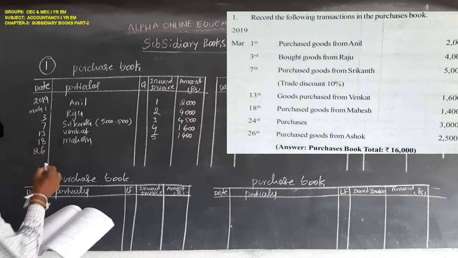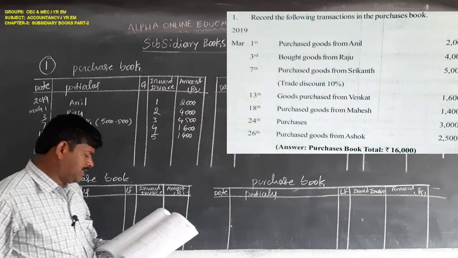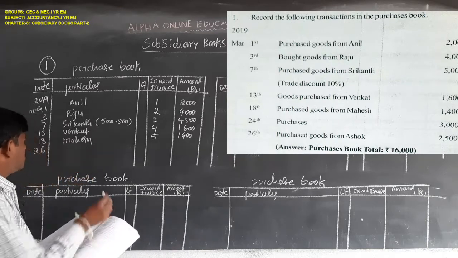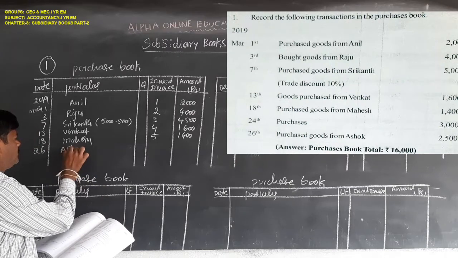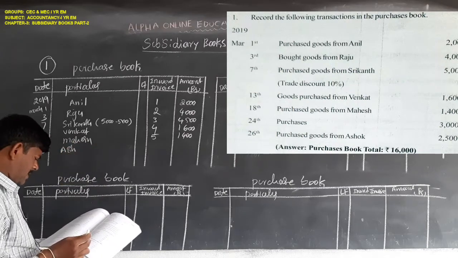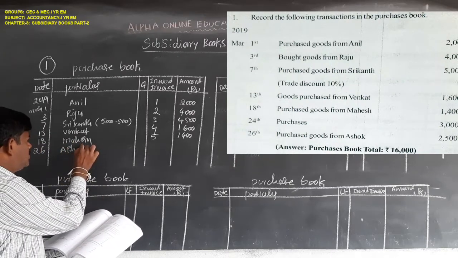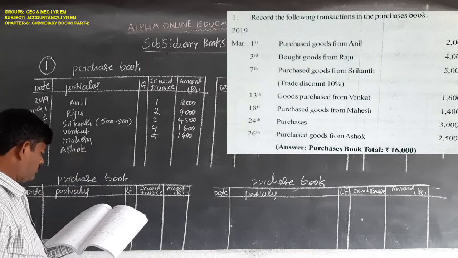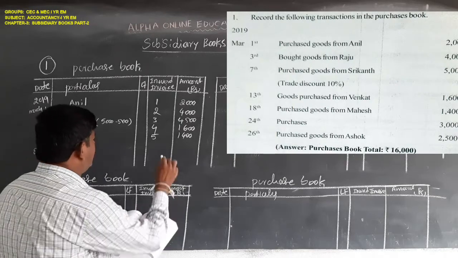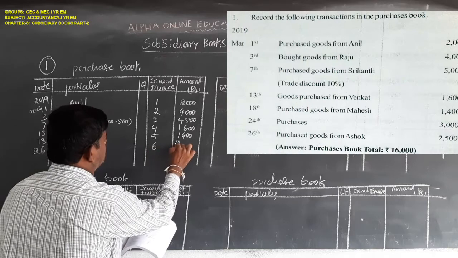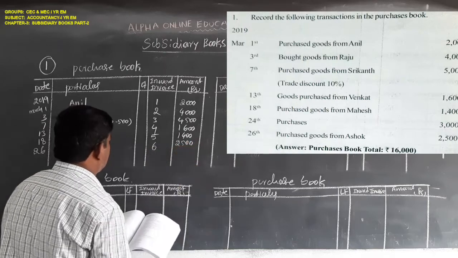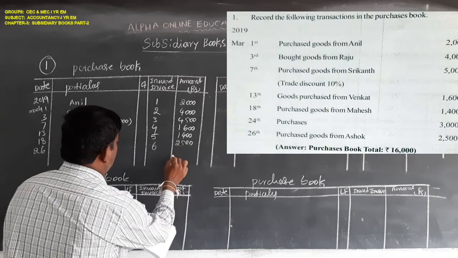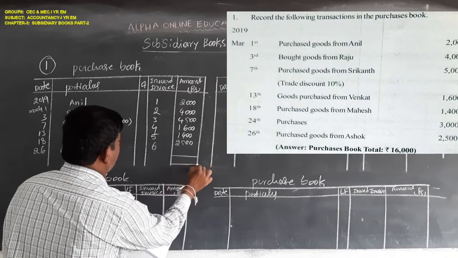26th, purchase from Ashok. Purchase from Ashok, so amount is 2500 rupees. This is the total of them.